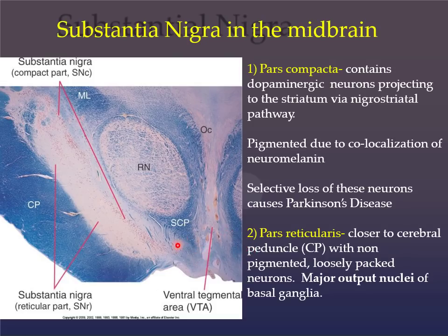We now see the final portion of the basal ganglia, and that is the substantia nigra. We see here we're in the midbrain. In the midbrain we see the red nucleus. Also in the midbrain we would expect to see coming out of this region the third cranial nerve.